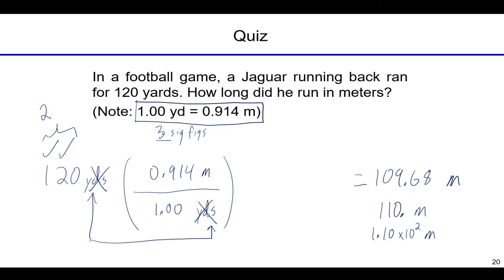In multiplication, you're limited to the least number of Sig Figs of the things you're multiplying or dividing together. So we should be limited here to 2 Sig Figs. So that's not right. The right answer would be 1.1, only 2 Sig Figs, times 10 to the 2 meters, or 110 without a decimal here, meters. Okay, those two things would be equivalently correct.